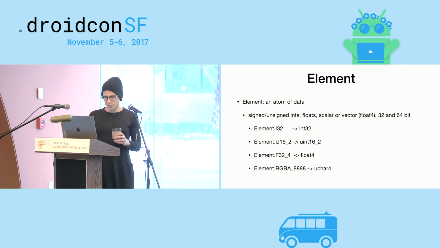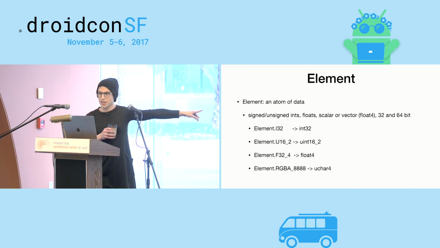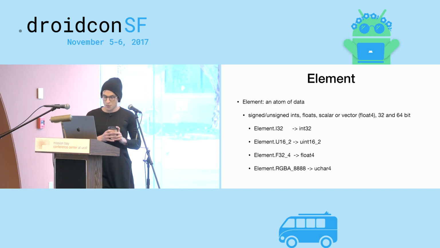They can be scalar or vector. So, a float4. The one on the left is the Java class associated with it, and on the right is the RenderScript runtime type. The bottom one right there is a pixel, RGBA 8888, and how you access it in the RenderScript runtime is as a char4.